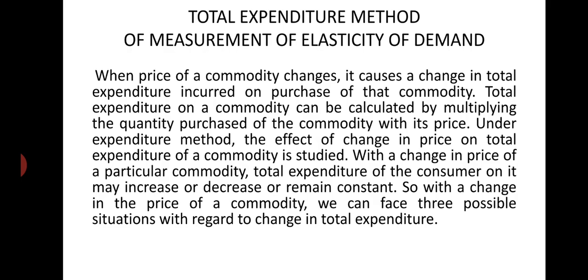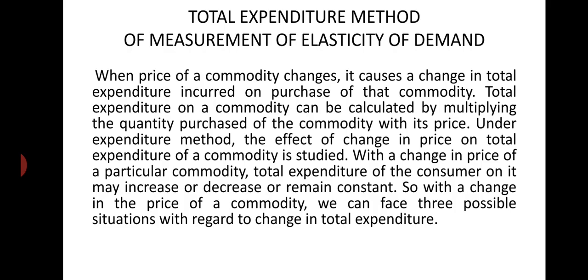So, with a change in the price of a commodity, we can face three possible situations with regard to change in total expenditure. We, the consumers, generally face these three possible situations.